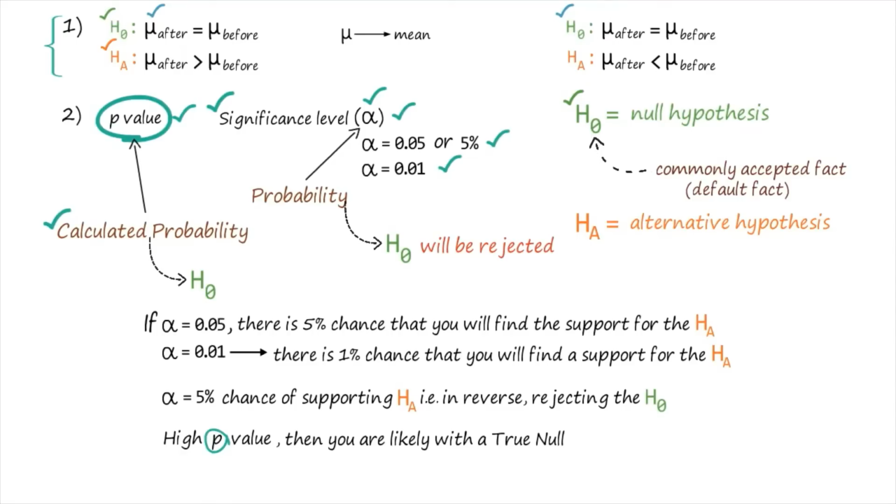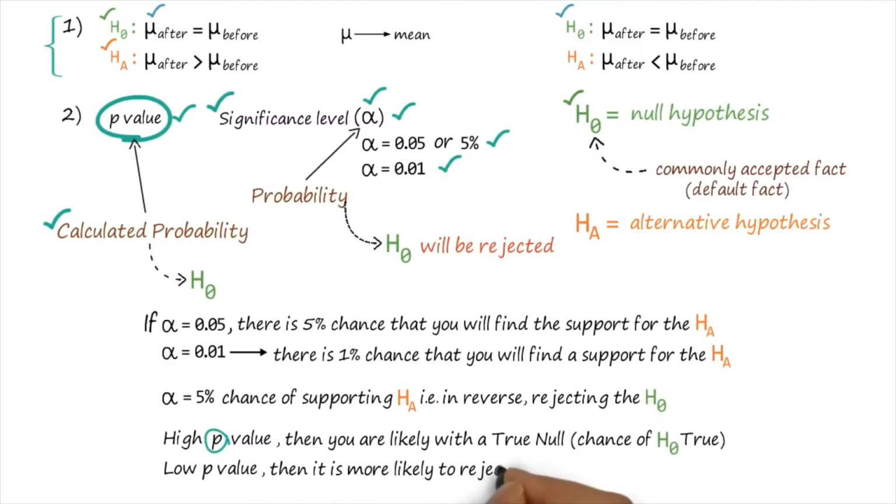So by visualizing the p-value, if it is higher than the significance level, then you can straight away say that there is a chance of the null hypothesis being true. So this conclusion you can make. On the reverse hand, if the p-value is lower than the threshold or significance level, then it is more likely to reject the null hypothesis. So basically, a high p-value means we are with the null hypothesis, and a low p-value means we are likely to reject the null hypothesis. So this is the main consideration that we have to follow.